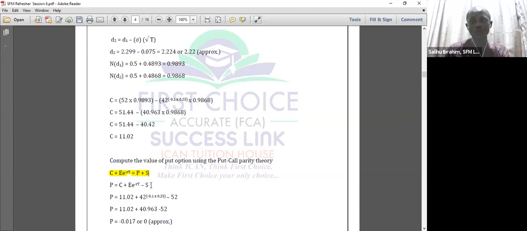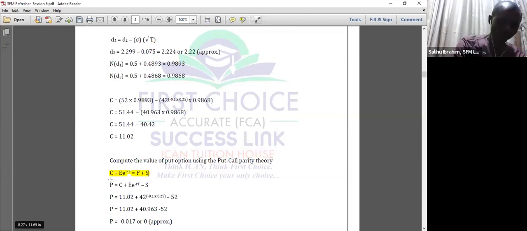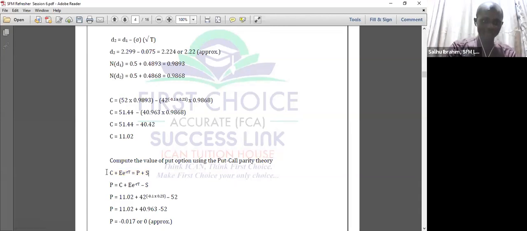You just have to know how to apply. Okay, the put call parity is telling you that the sum of call option price and the present value of the exercise price is equal to the price of a put option plus the current price of the underlying asset.